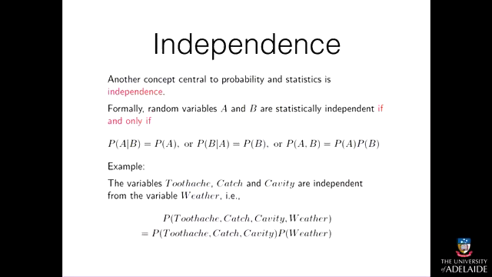How many entries do we need? 8. It's actually 8 minus 1, but let's say 8. And how many entries do we need if we know this joint distribution can be decomposed in this way?